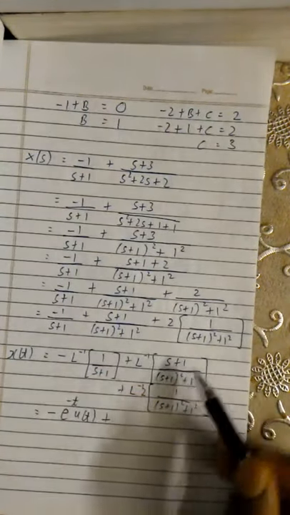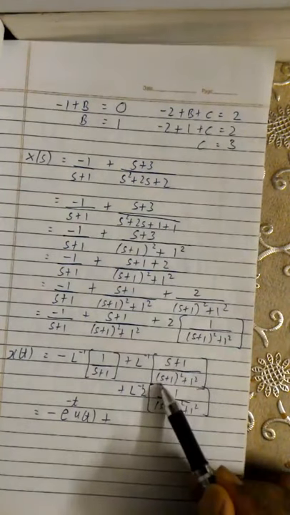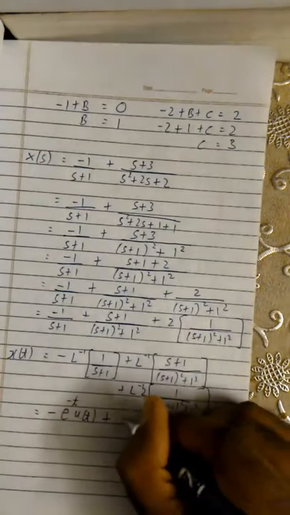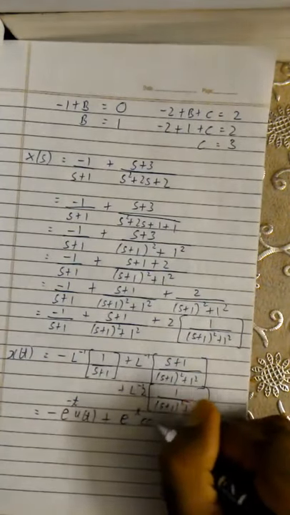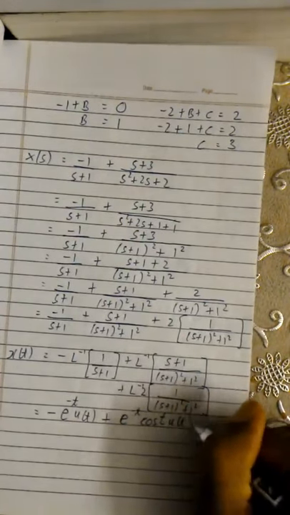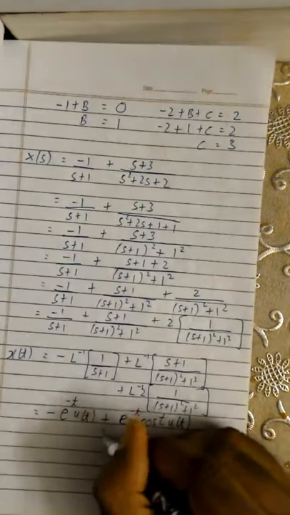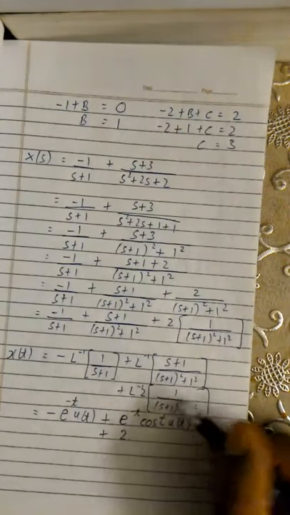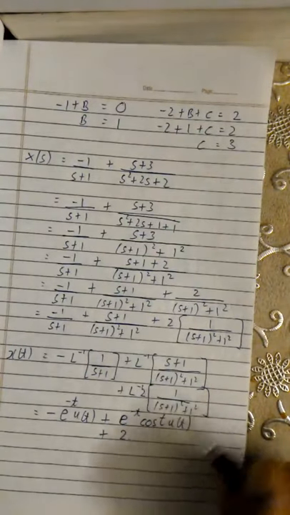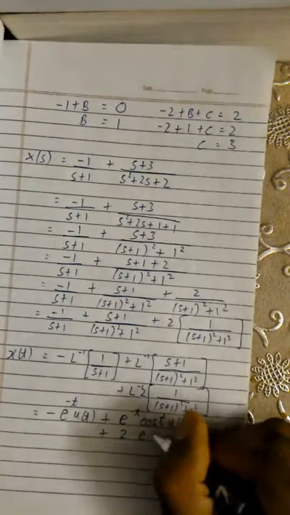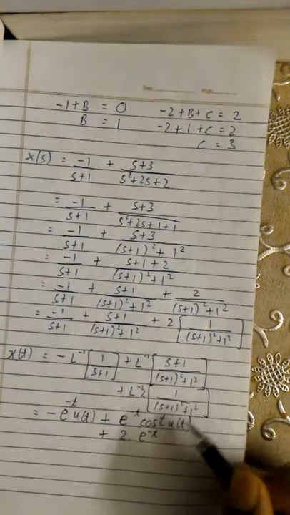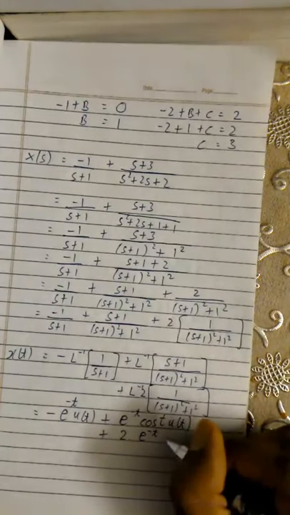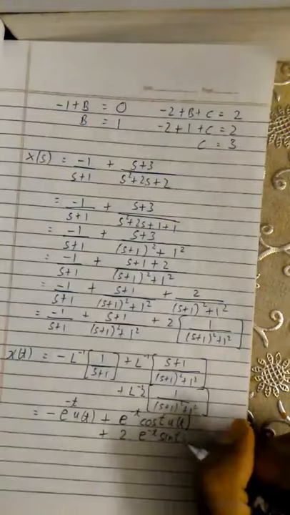Here, as I said, s plus a by s plus a the whole square plus omega 0 square gives e raised to minus t cos t u of t. Plus 2 into, this is omega 0 by s plus a the whole square plus omega 0 square, so e raised to minus t, here a is 1 and omega 0 is also 1, so it will be sin t u of t.